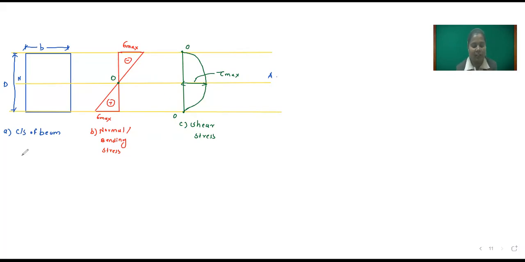But shear stresses are 0 at outer faces and maximum at neutral axis, where normal stresses are 0. So this is the stress distribution explanation. Got it?